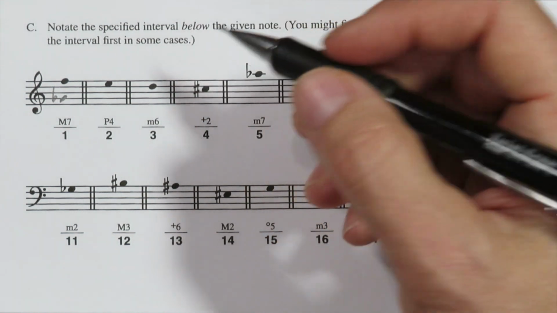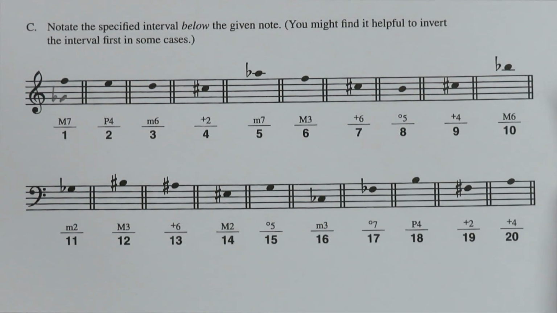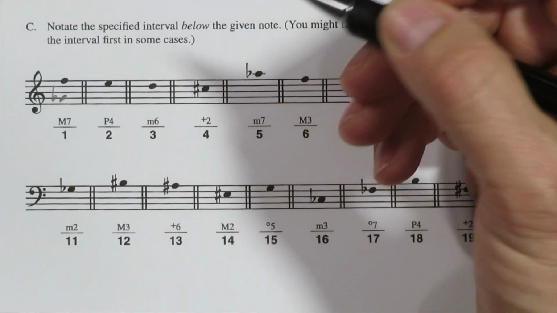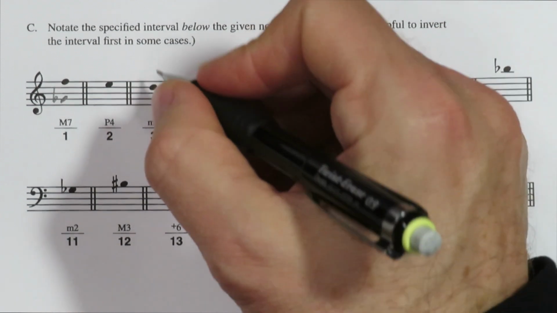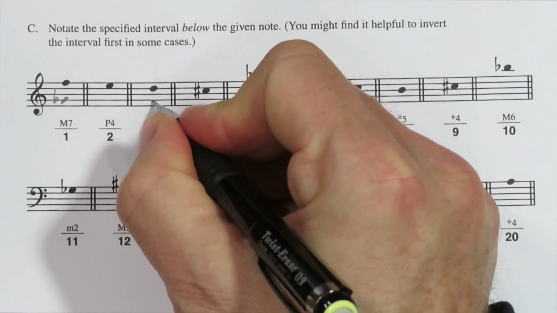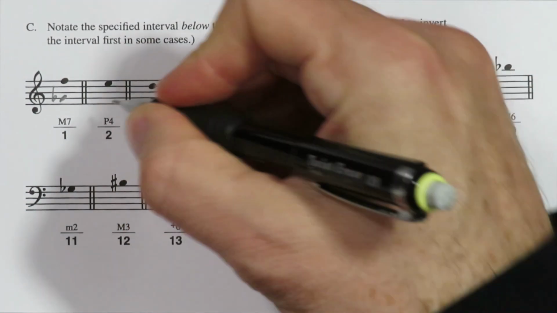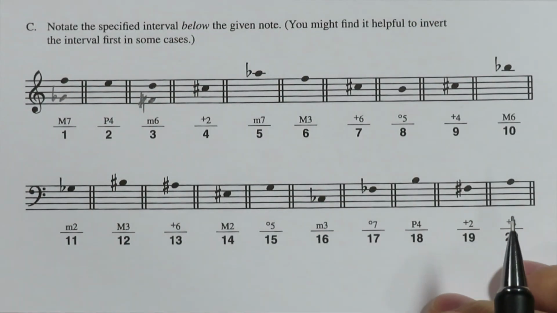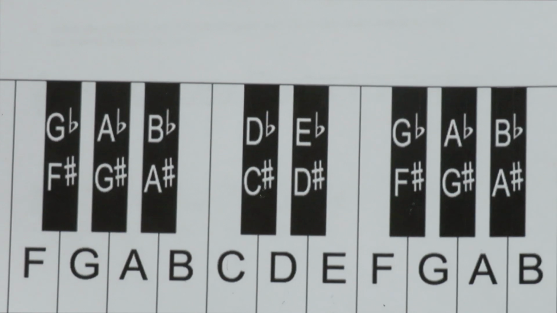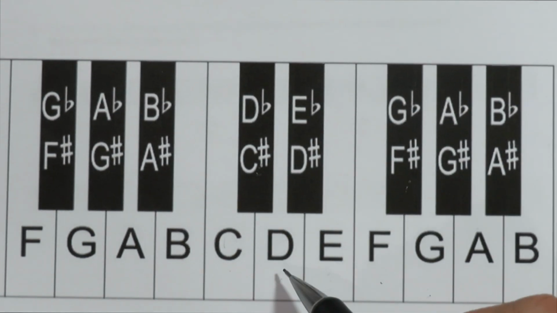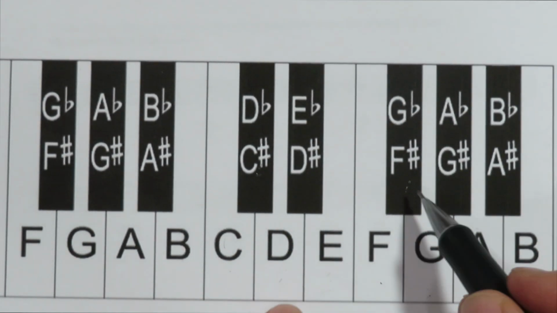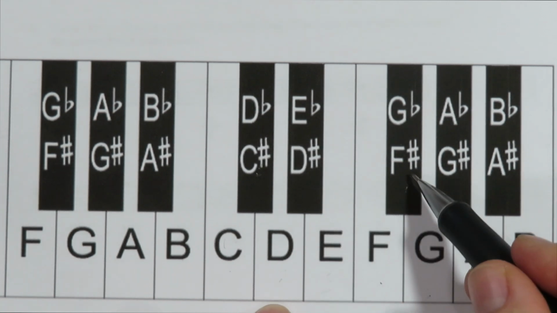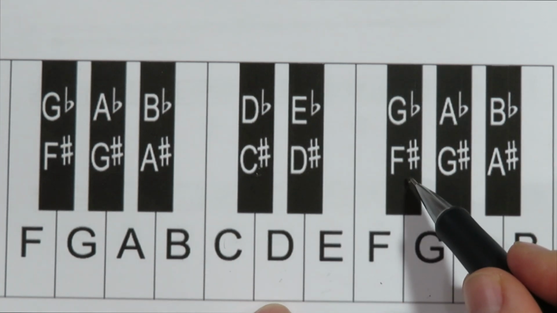So a minor sixth would invert to a major third, and a major third above D would be F sharp. Okay, so we'll check that. So we have D to F sharp. All right, 1, 2, 3, 4 half steps away. So it's a major third.